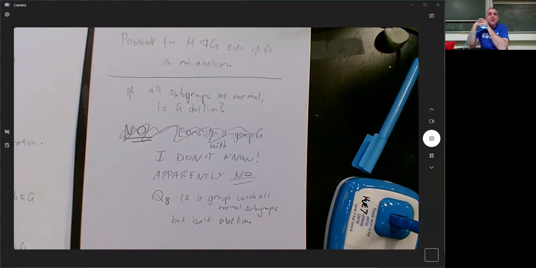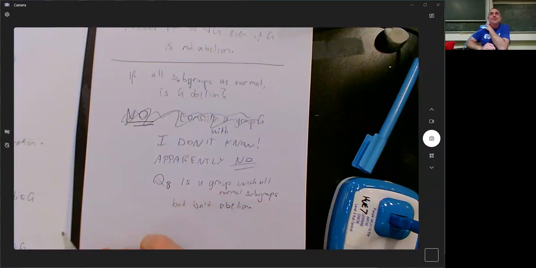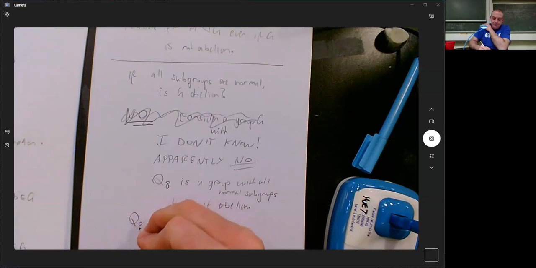So what's Q8, by the way? How do you define Q8? Yeah, he defines it in terms of matrices. Oh, cool.